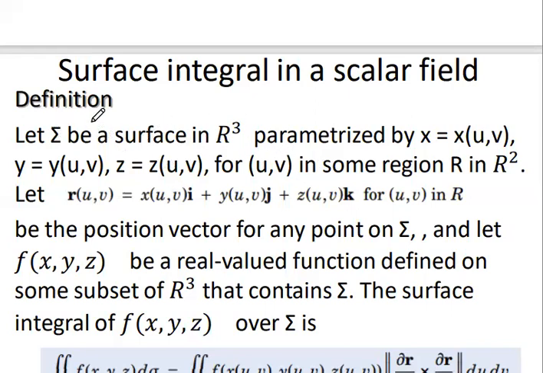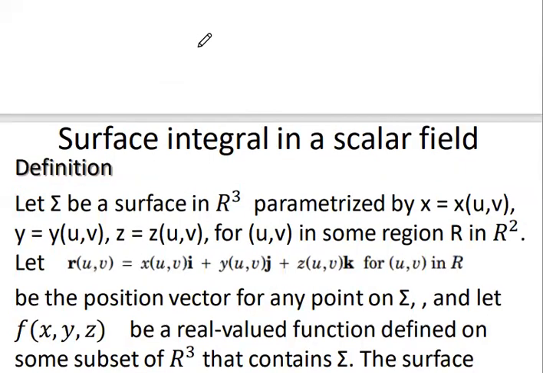Sigma can be parameterized using 2 parameters, u and v. So this is the parameterization: we write sigma in terms of u and v, with x, y and z components.